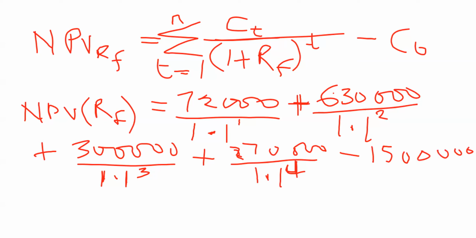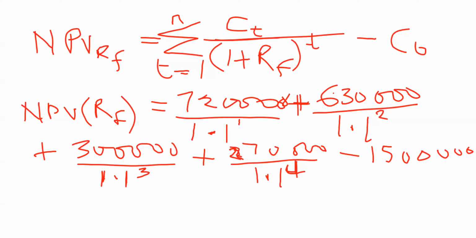Good. 720 is year 1, year 2, year 3, year 4. No. Year 1 is 720,000, right? Yes, I'm with you. Good. 720,000. I'll put the last 0. So 720,000, 630,000, 300,000, 270,000, and then minus 1.5 million.